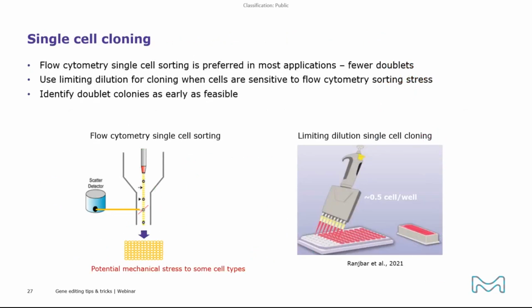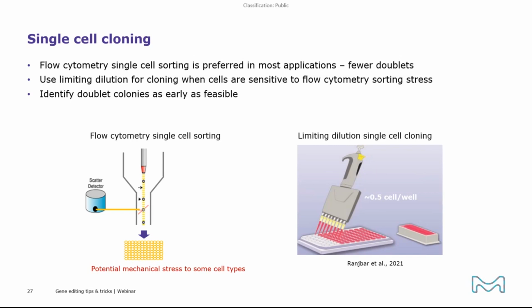For single-cell cloning, we recommend using flow cytometry for single-cell sorting for most applications. Flow cytometry sorting is very efficient in colony formation and generally does not produce doublets. But some cell types are sensitive to flow cytometry mechanical stress and have very low percentages of colony formation after sorting.